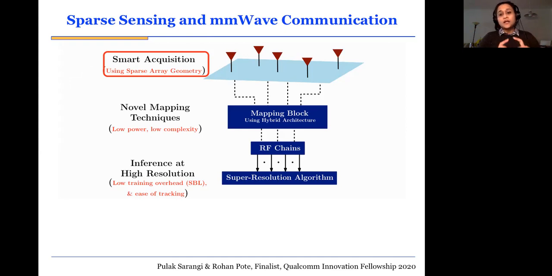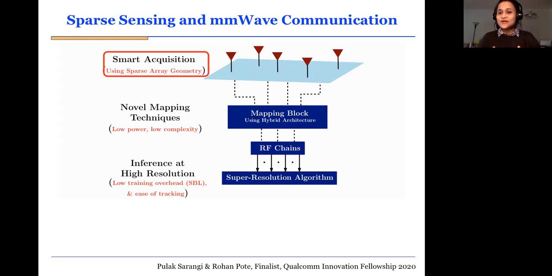Now this reduction in dimension can be facilitated in a much better way by using ideas from sparse arrays. One way to reduce dimension is to just subsample, but that's not going to work so efficiently. A nested array can be thought of as a new way to perform dimension reduction.